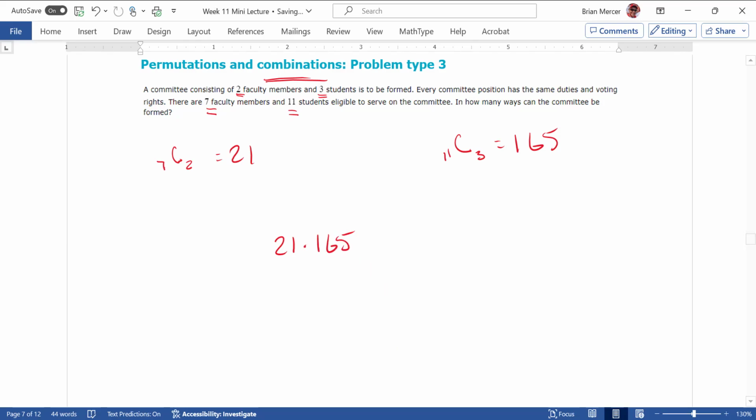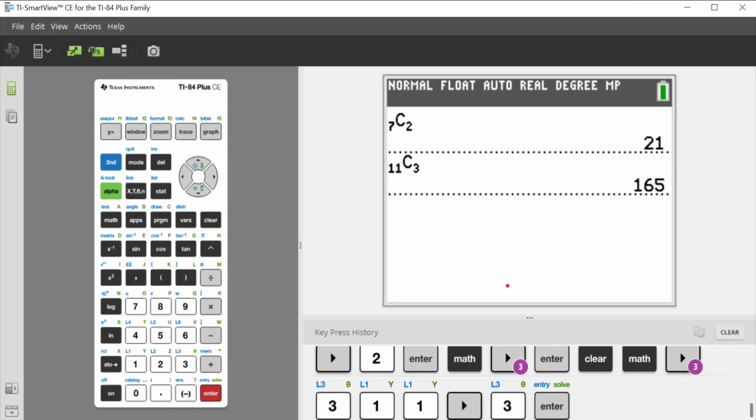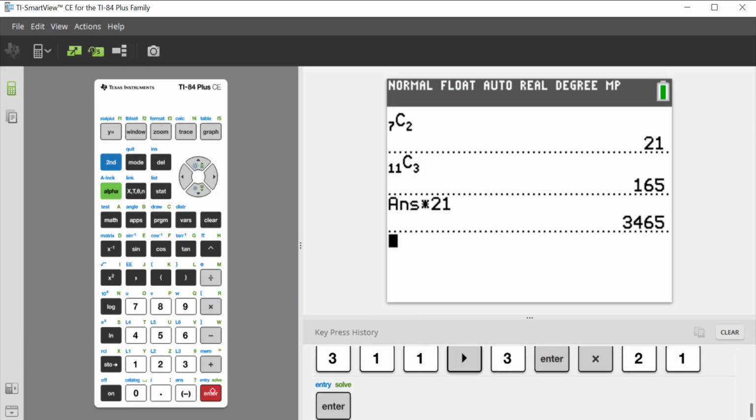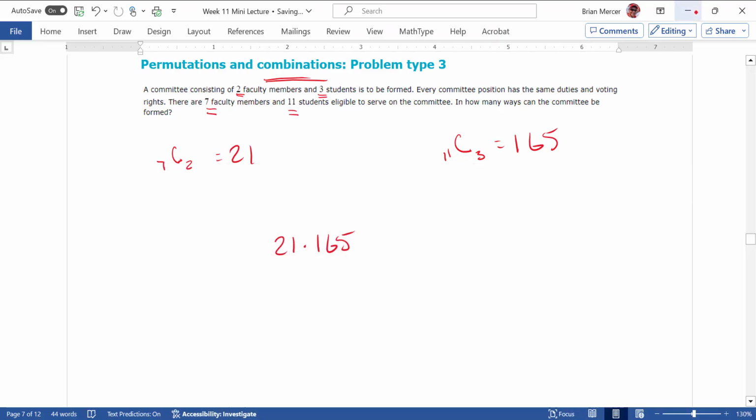I'll go back to my calculator and multiply that, and there are 3,465 ways to put the committee together. So how many ways can the committee be formed? There's your answer. That one, you had 2 different scenarios, and they're both combinations.